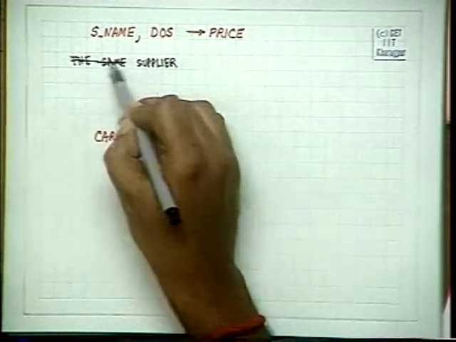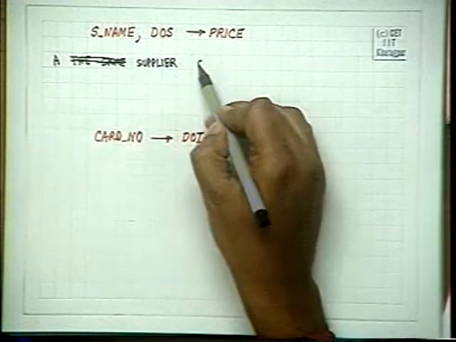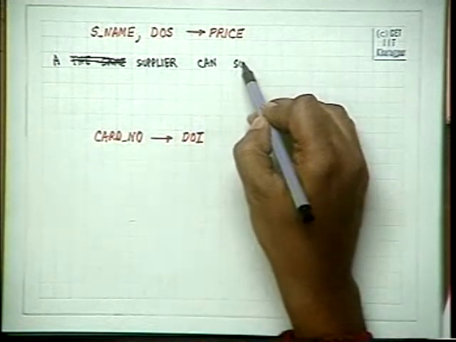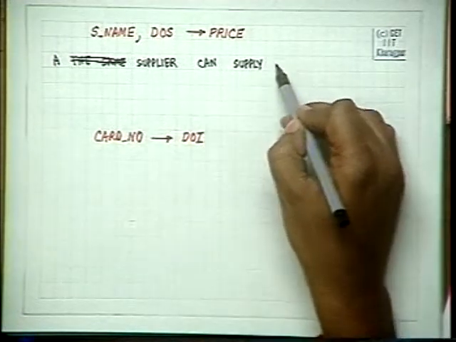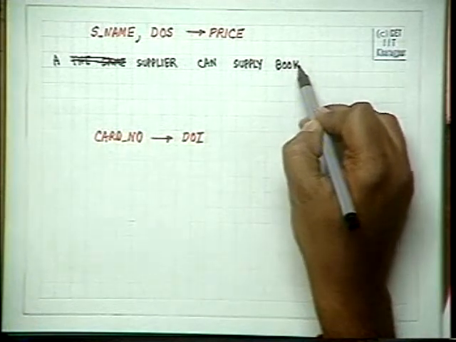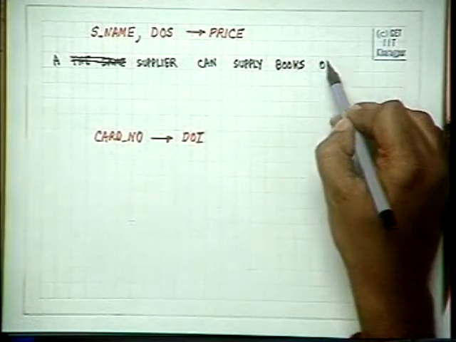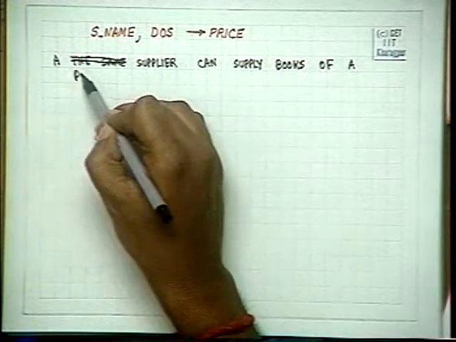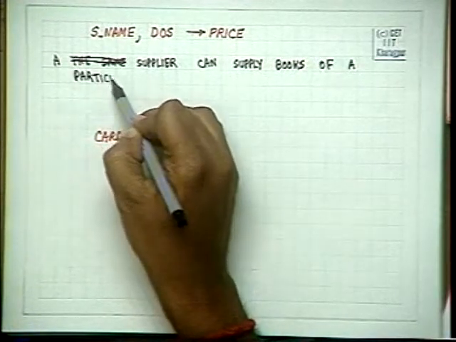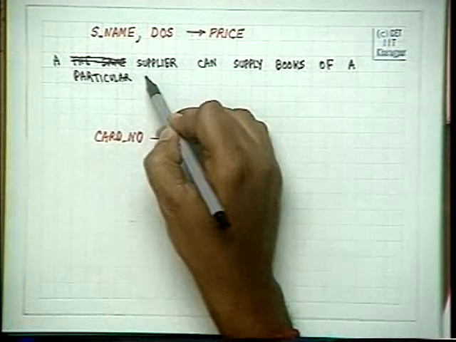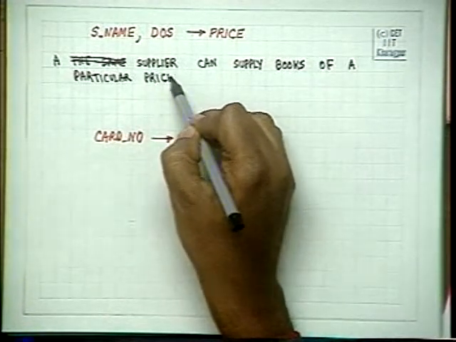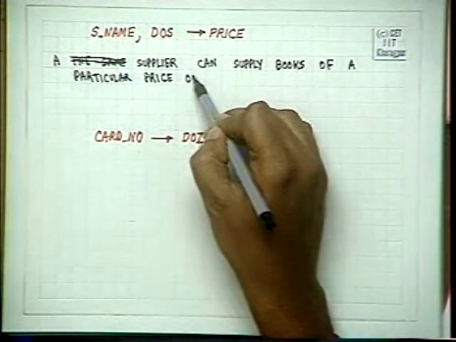or a supplier can supply books of a particular price on a day.